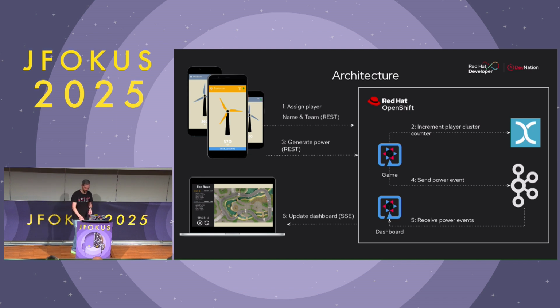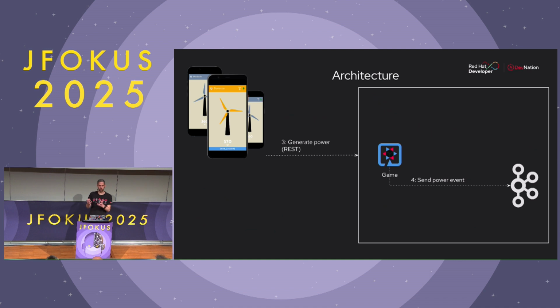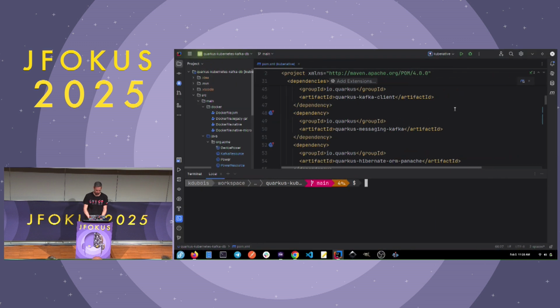So I broke it down into, let's say, the MVP, right? The smallest components to get started with, which is basically sending REST requests with a post to our Kafka topic, which is what I have here in my application.